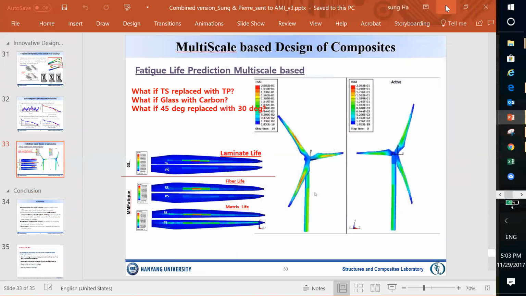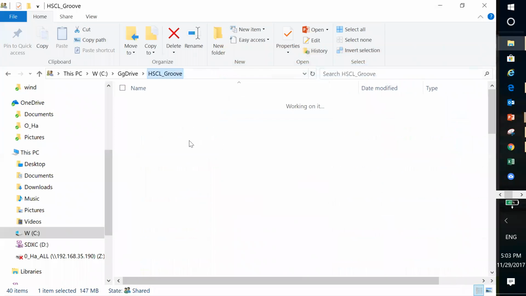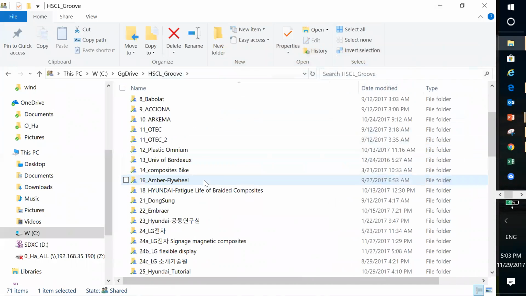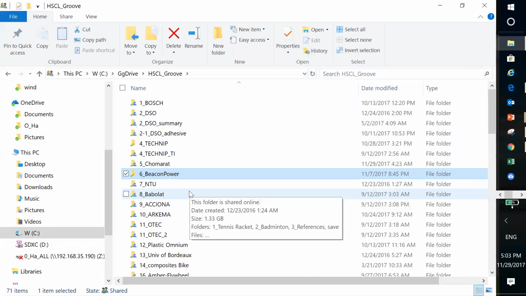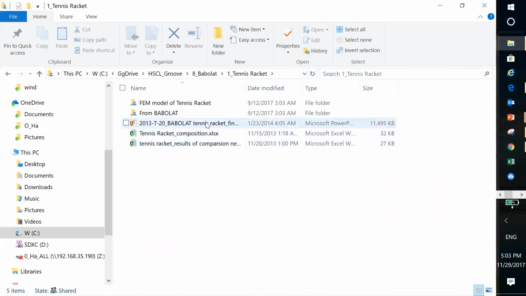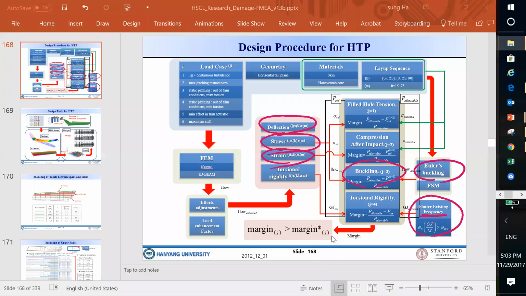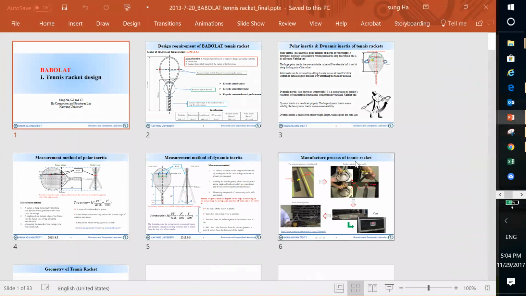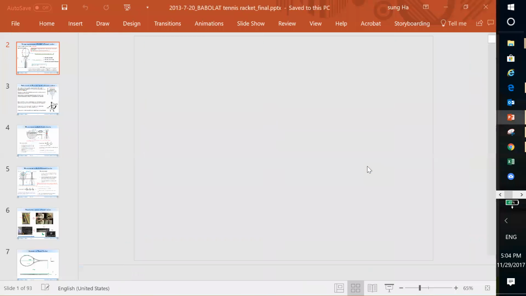Okay, another example, let's see. Babula. Okay, Babula is a company which produce tennis racket. Well, this project was a little bit 2 years ago, but others is all current project, but this one was the 2 years ago.